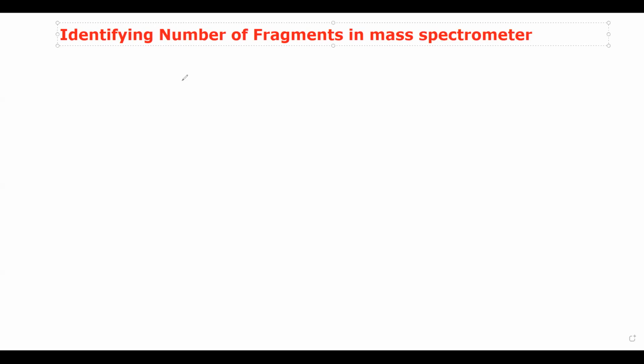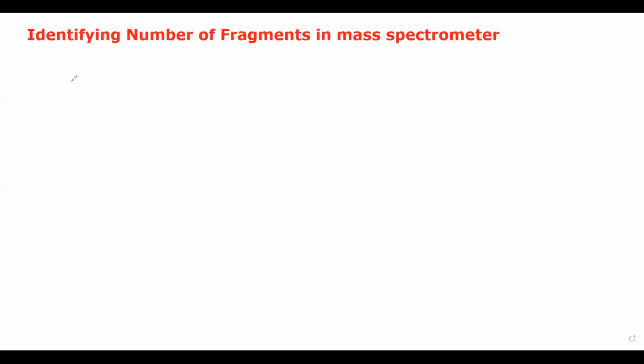For example, if you have a molecule such as butane. When I draw the structure of butane, it will be CH3, then CH2, then CH2, and then CH3. This is butane. Now, how do we identify the number of fragments?